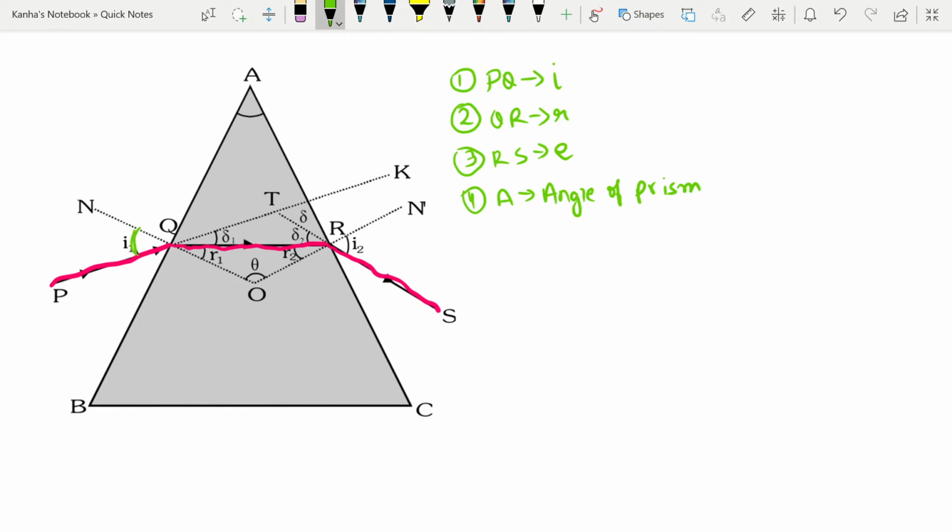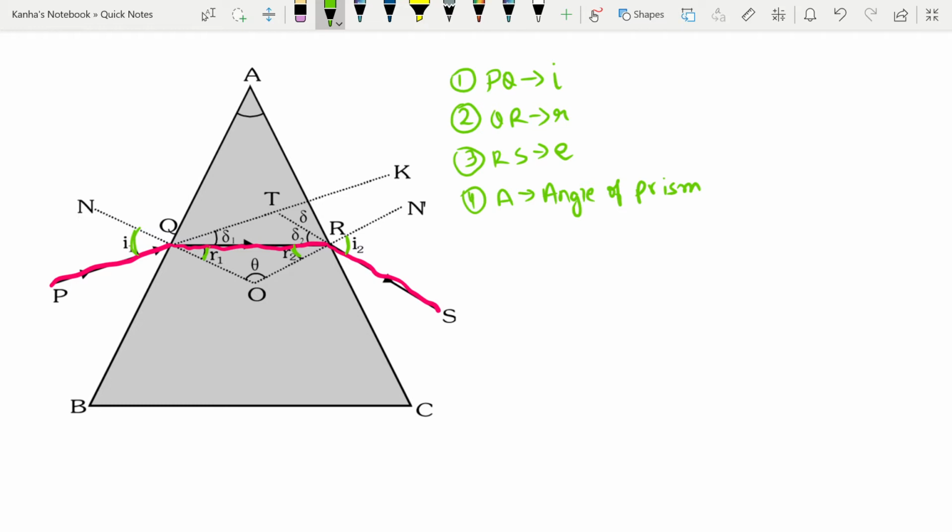We have I2, which is the emergent angle on face AC. We have R1, which is the refracted angle on face AB, and R2, which is the refracted angle on face AC.